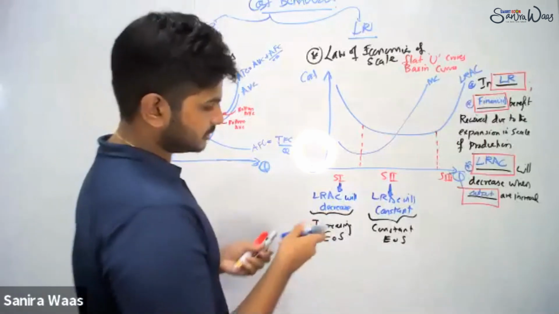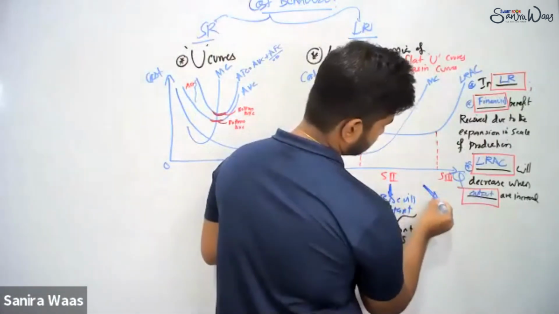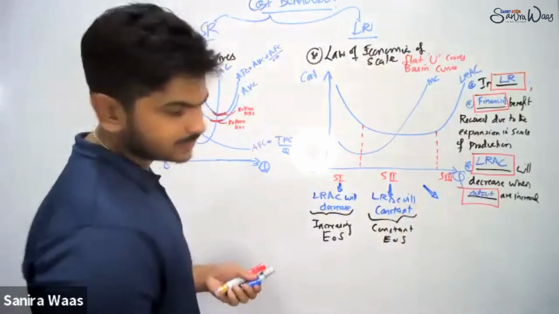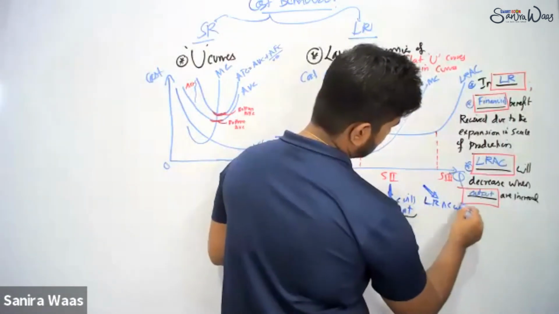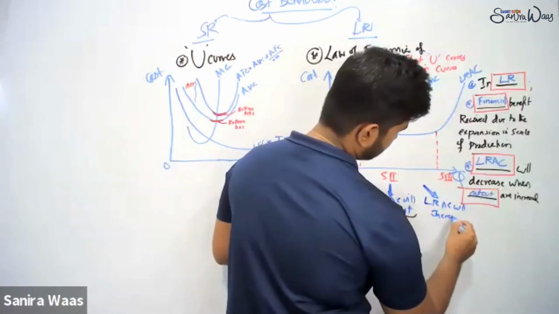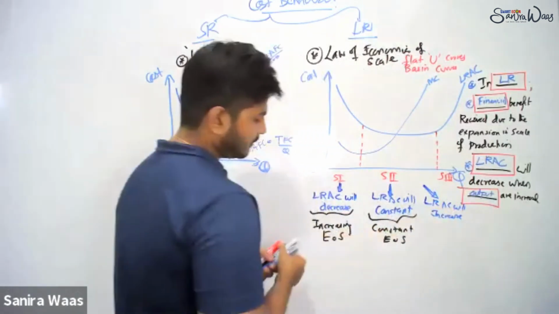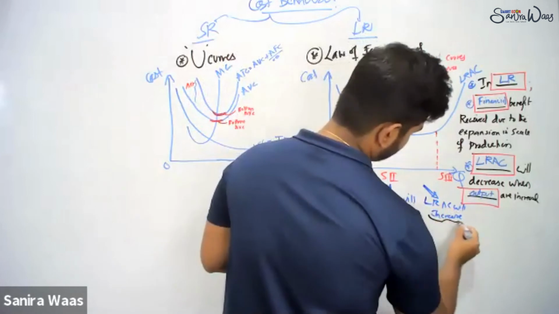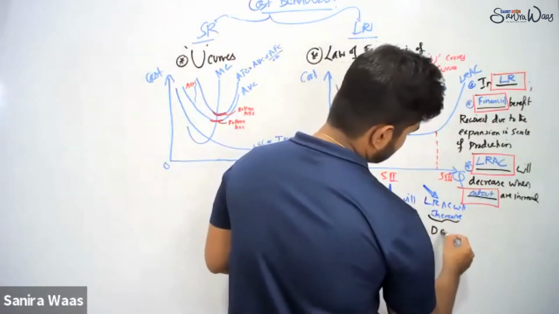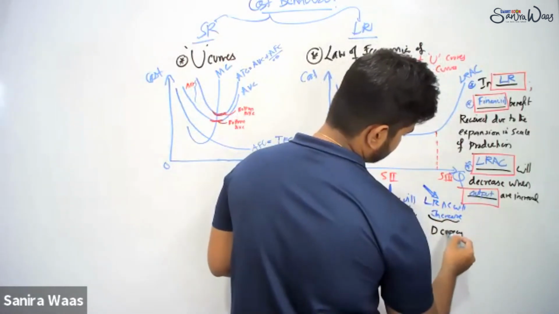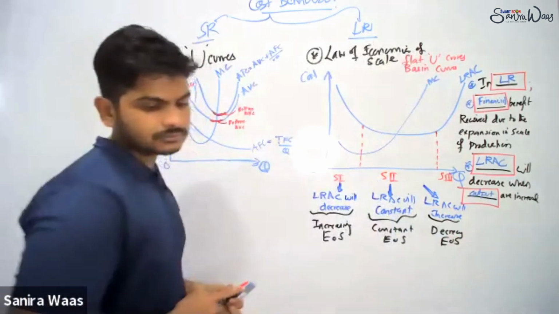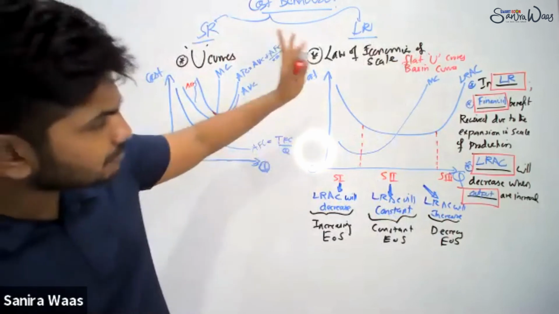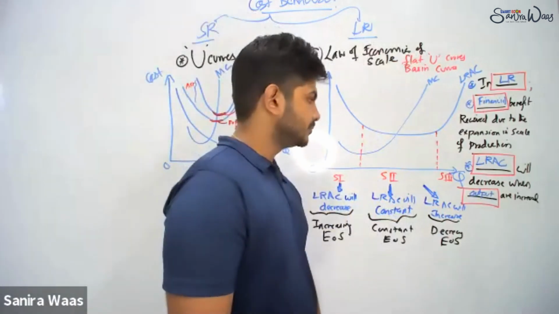The last one: long run average cost will increase. We call this one decreasing economies of scale. Right? So this is simple now.